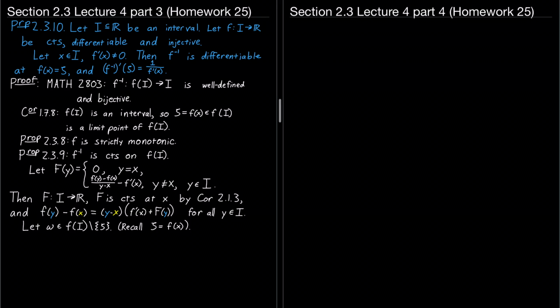And then f inverse of omega is in I, so we can rewrite our above equation as f of f inverse of omega minus f of x, which is zeta, is equal to, y is f inverse of omega, and then x is f inverse of zeta.